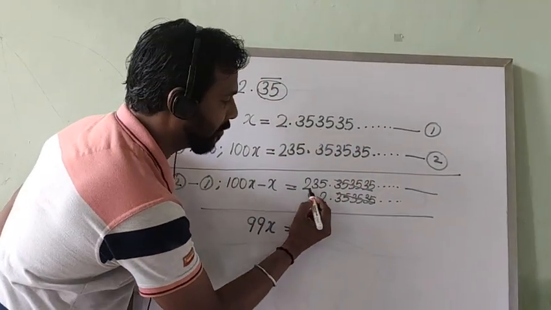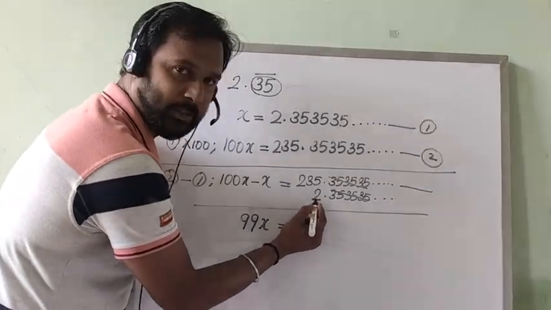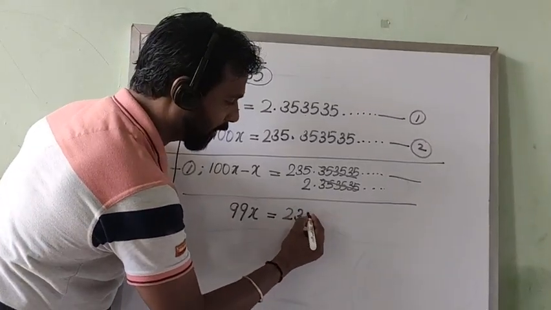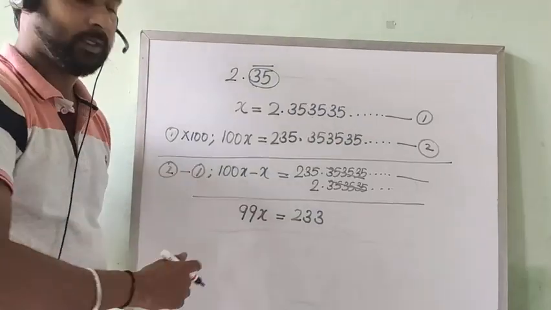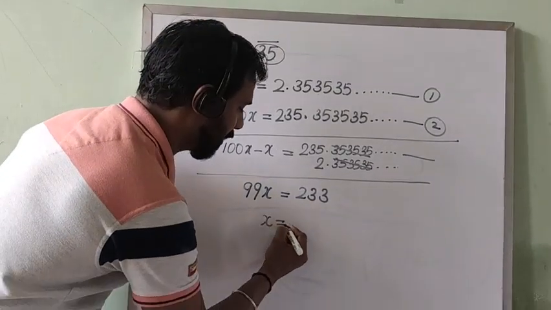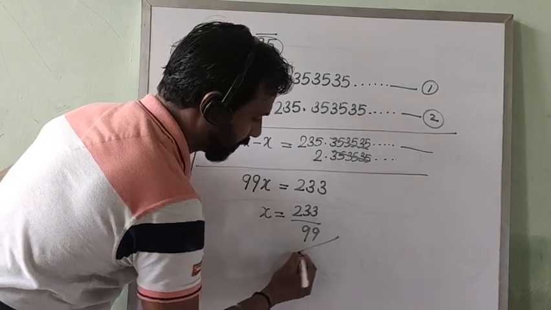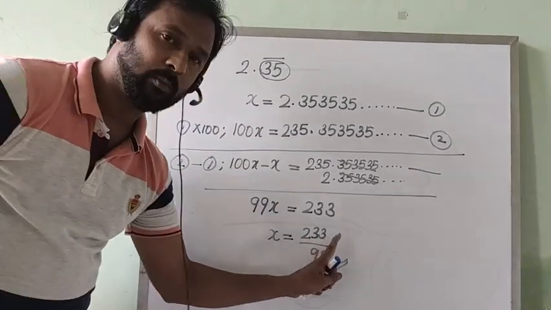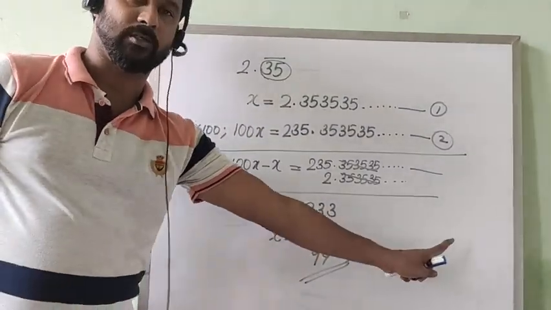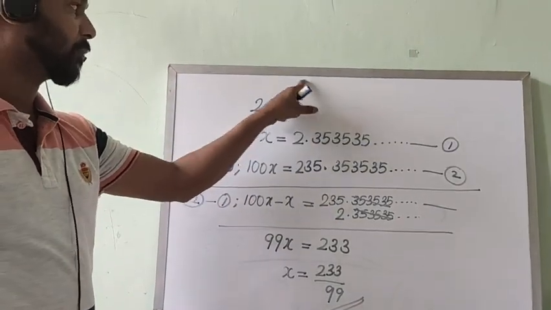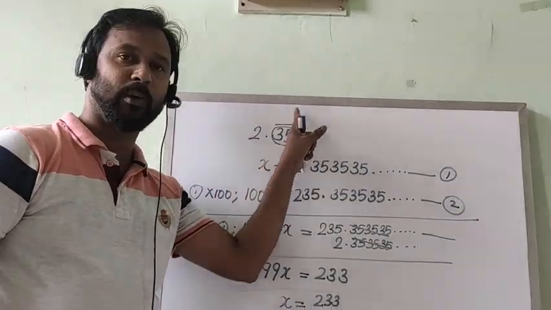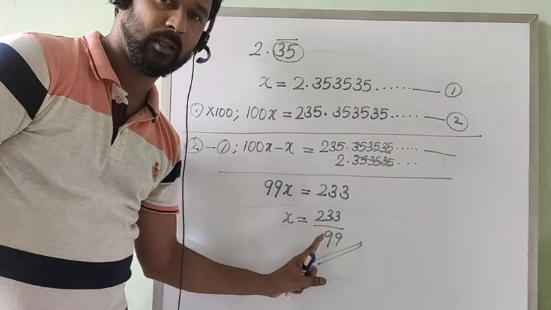What remains is simply 235 minus 2. How much? 233. Therefore, we are concluding x equal to 233 by 99. Again, it is of the form P by Q, the rational form. Therefore, the rational form corresponding to 2.35 bar is 233 by 99.